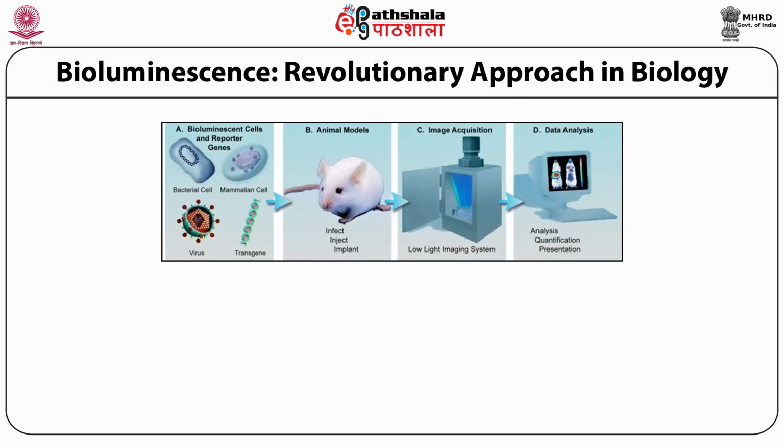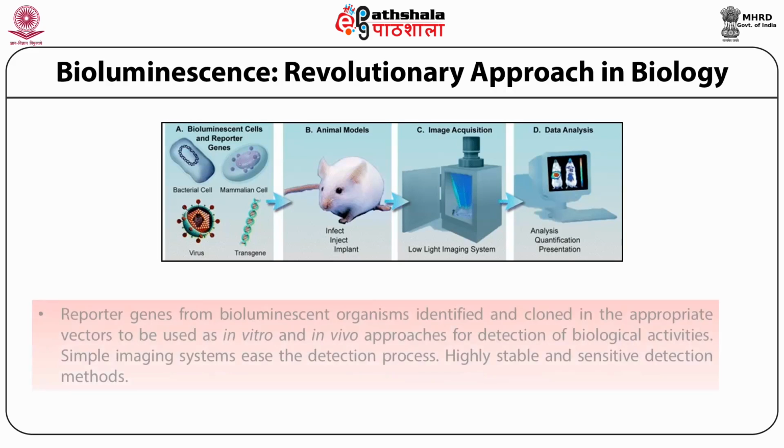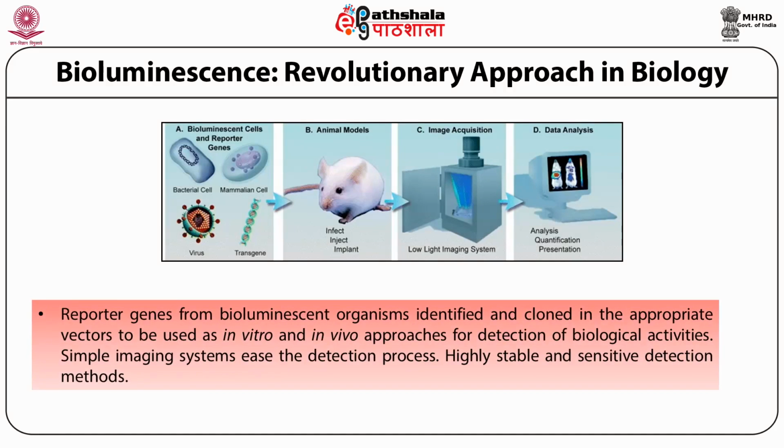Here we discuss some important applications of bioluminescence. You can see here the reporter gene of a bioluminescent organism identified and cloned in the appropriate vector that can be used in vitro and in vivo for the detection of biological activities.